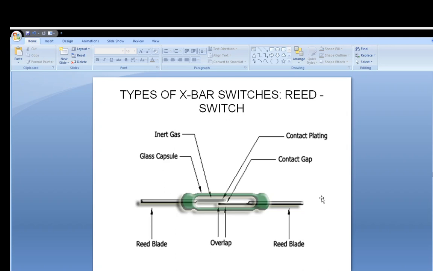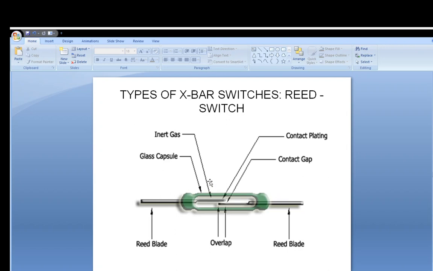There was a glass capsule filled with inert gas, and in that the two switching lines are inserted. These are called contact plating, and these are overlapping at some point. Now suppose we apply an electromagnetic coil on the left side as well as the right side.